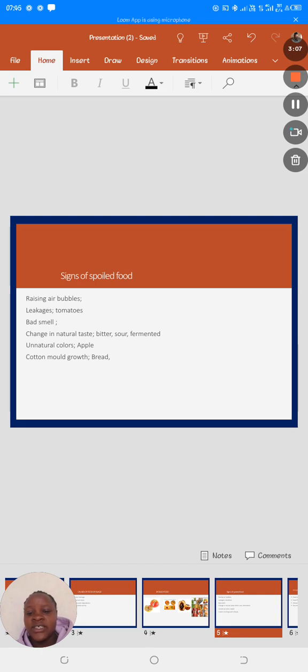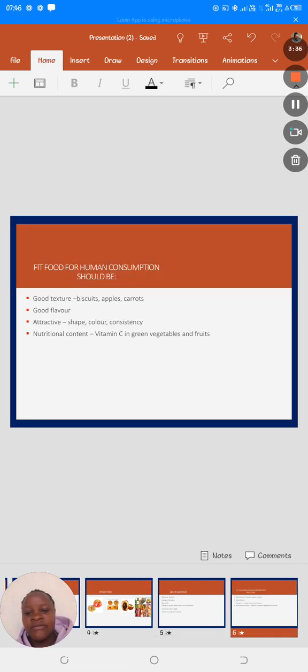Another one, change in natural tastes, whereby the food that was sweet becomes bitter, the food becomes sour, the food becomes fermented. And then we have unnatural colors. That is the browning that we saw in chemical food spoilage. And then we have cotton mold growth, especially on bread.